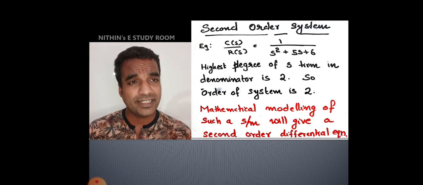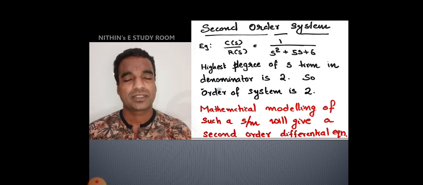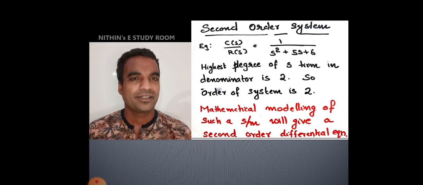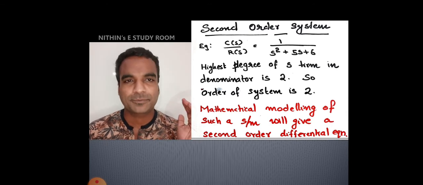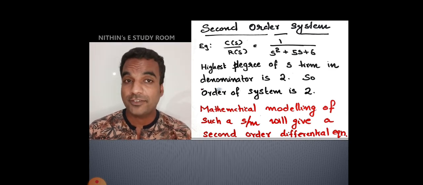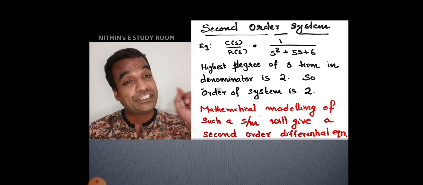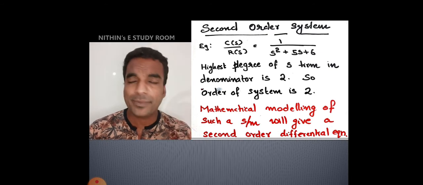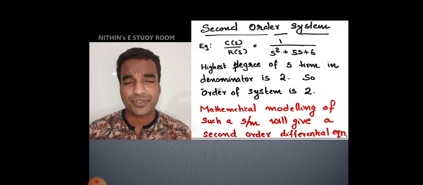If the highest degree of s in the denominator is 2, then that is a second order system. Please be clear. If C of s by R of s is 1 by s square plus 5s plus 6, I am taking an arbitrary example, what is the highest s term? S square. So you check the power of the highest s term in the denominator. If that degree is 2, it is a second order system.